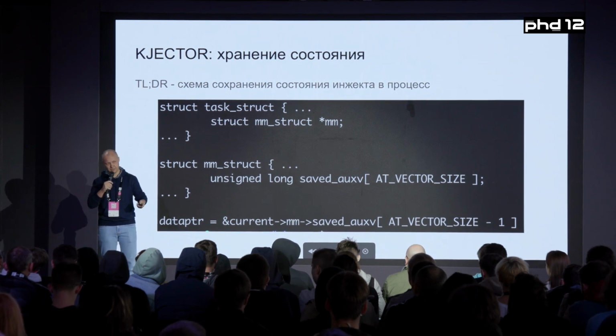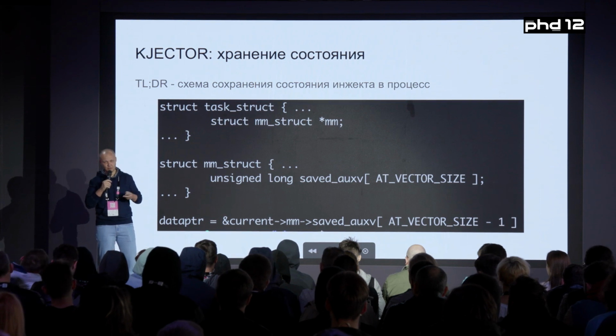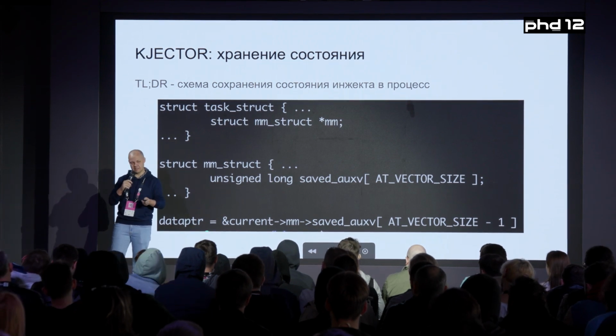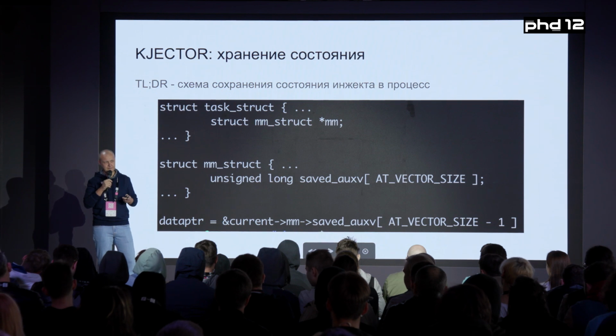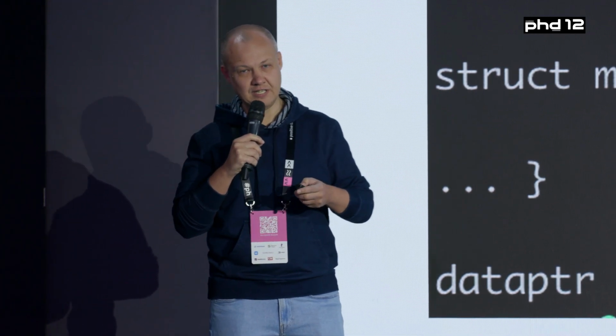An auxiliary vector of values transferred to the process upon start. So if you've done your share of programming, you certainly know things like argv, the arguments fed to the process in the command line. But there is also the envp argument, which is a pointer to the environment variables of the process. There is another pointer there, which doesn't get used that much. I don't even know what to call it properly. In short, these are some values.